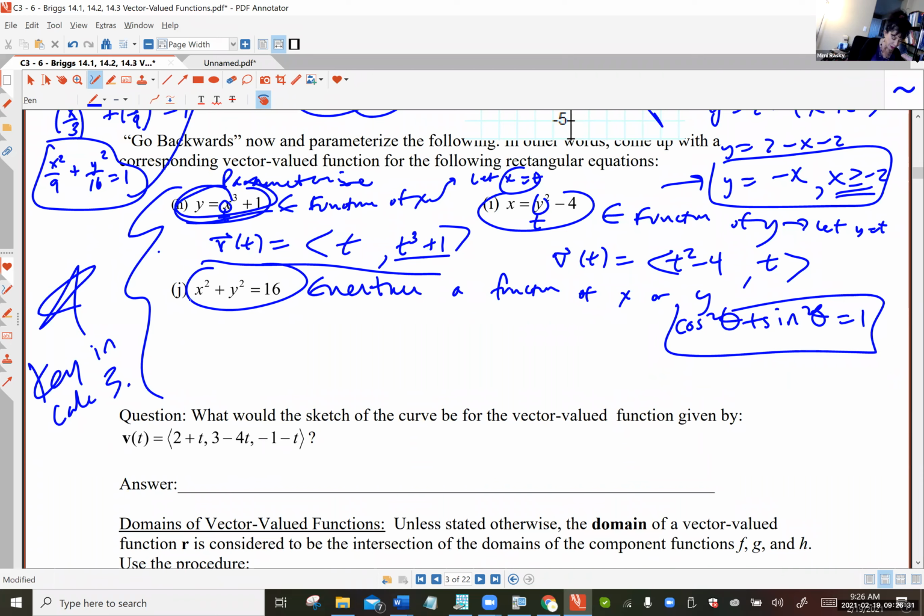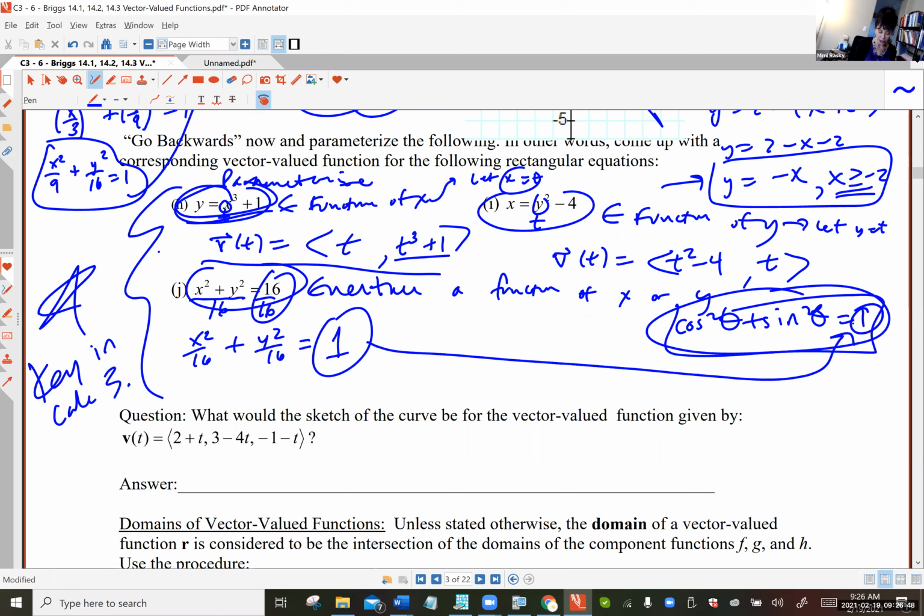Well, what do you mean? First, I'm going to divide both sides by 16 because I need it to look like this trig identity equation. And after I divide both sides by 16, I do have a 1 on the right-hand side, which is good because this 1 matches the 1 on the right-hand side of my trig identity. Now I rewrite this as a sum of squares, x over 4 and y over 4.